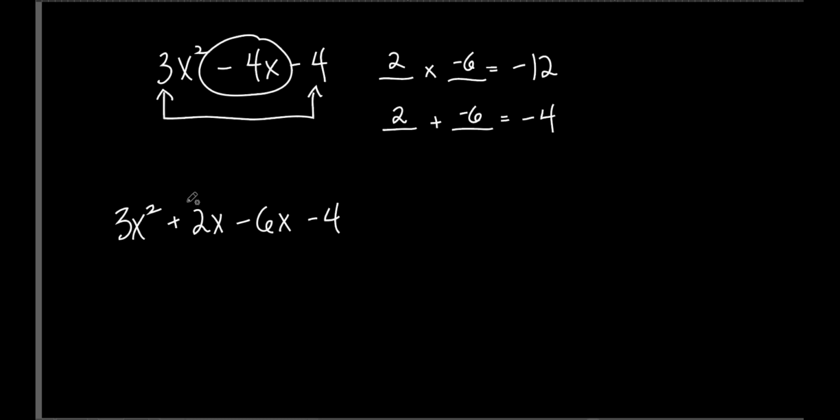Okay, let's do it like this. I could also write it like this: 3x squared minus 6x plus 2x minus 4. Would you agree that's the same thing?